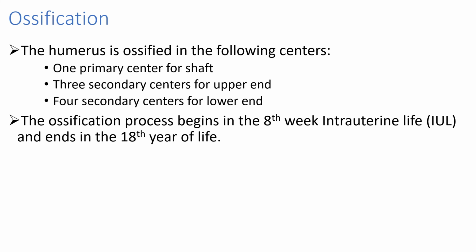So for the ossification of the humerus bone, the humerus is ossified from the following centers. It has one primary ossification center for the shaft, then three secondary centers for the upper end, and four secondary centers for the lower end.